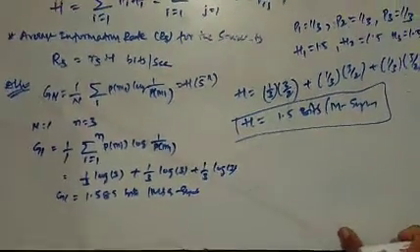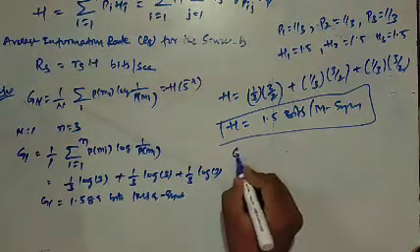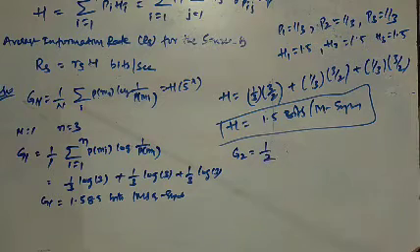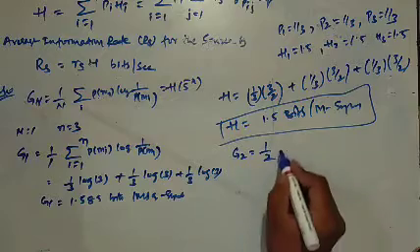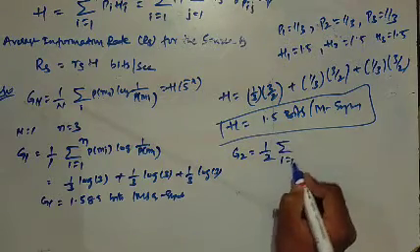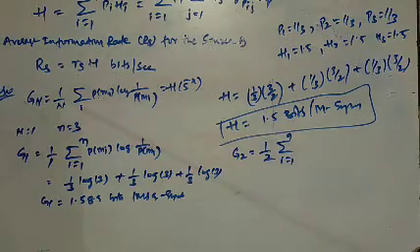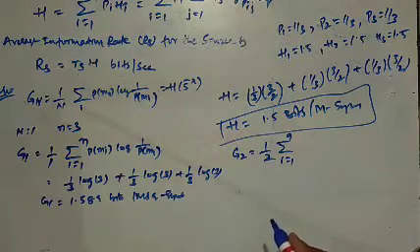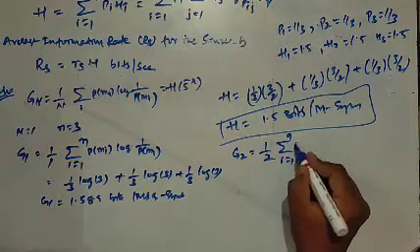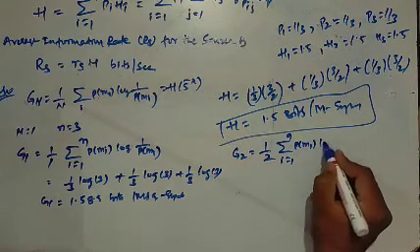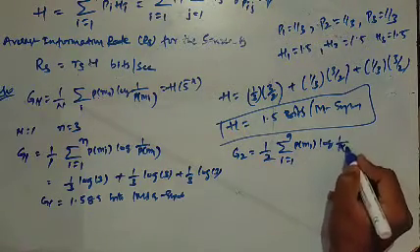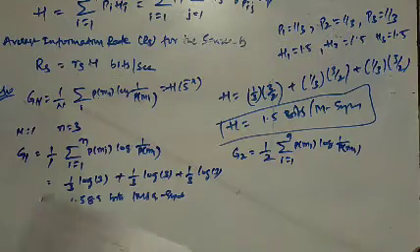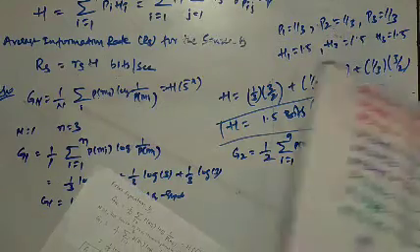Now G2 means 1 by 2, summation i equal to 1 to 9 here, because for the second extension it is n squared, 1 to 9, into P of Mi log 1 upon P of Mi. We have solved that earlier.